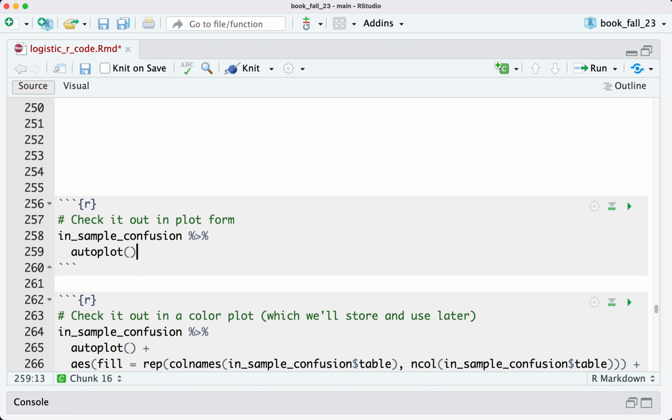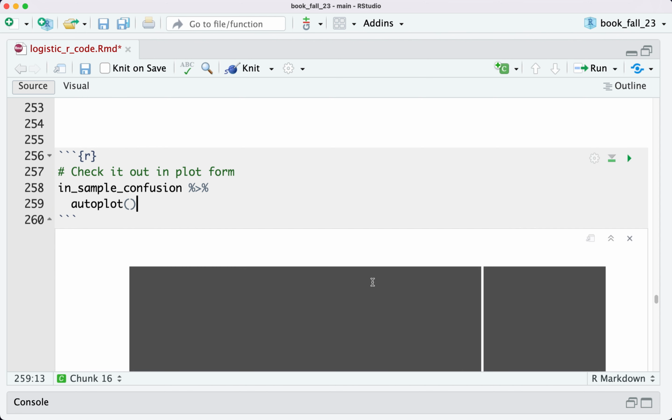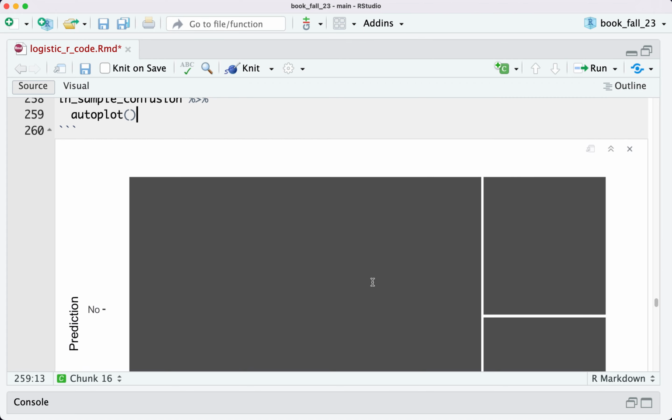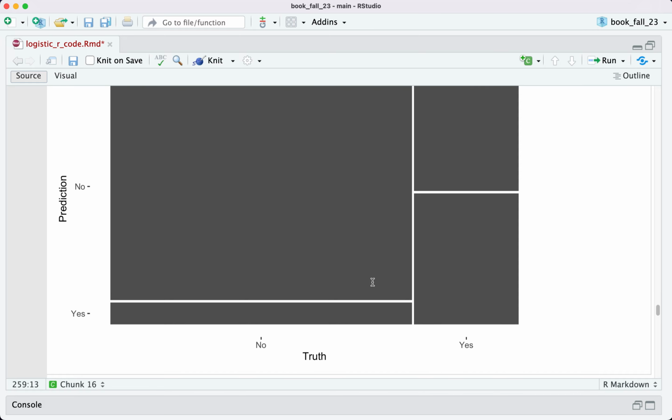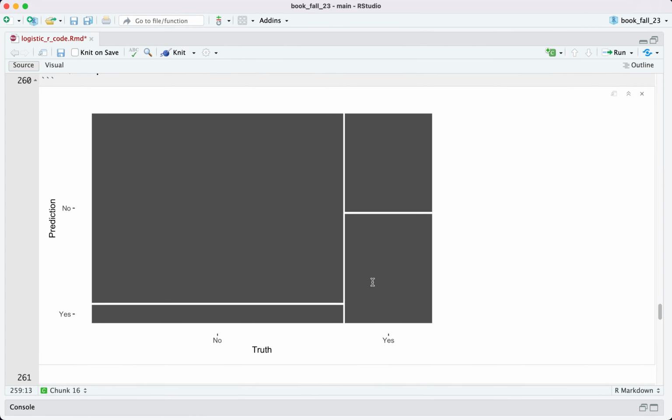It has different functionalities depending upon what we pipe into it. Here, it's going to make a mosaic plot of our confusion matrix. So again, it breaks down the correct classifications and the misclassifications.